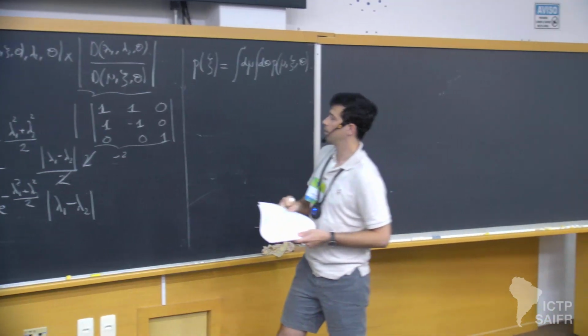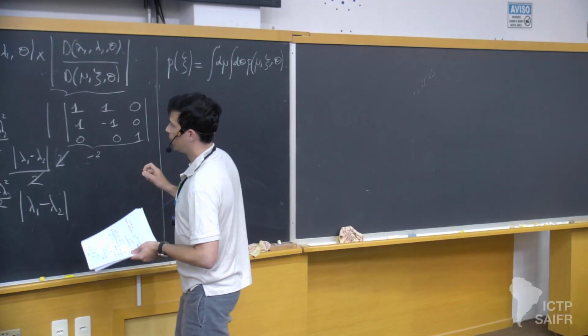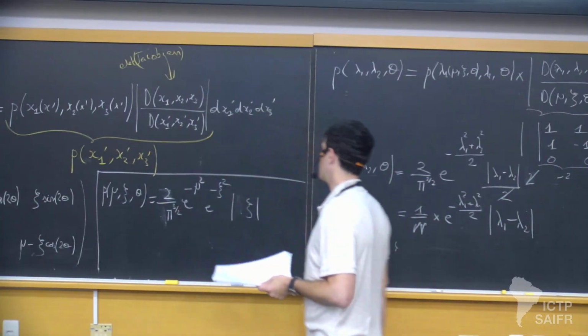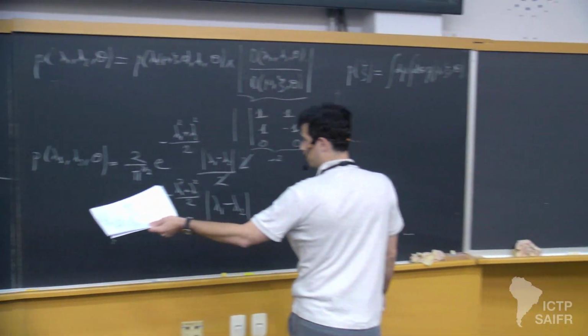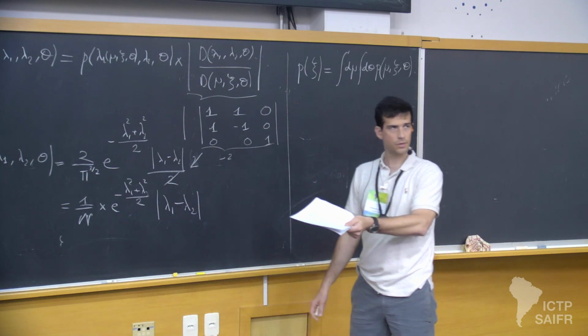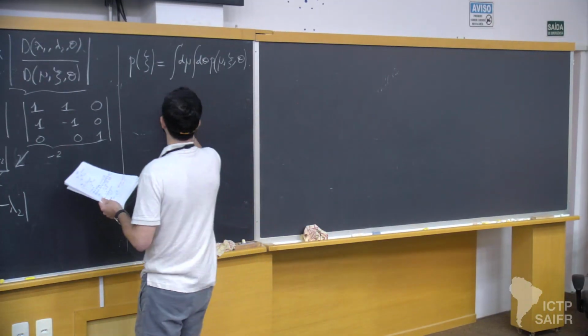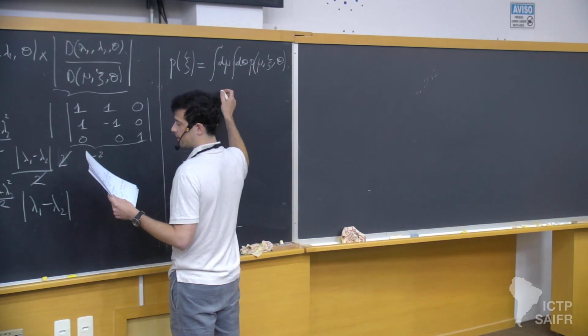Sorry, this thing here is there, right? The integral over mu is easy. It's just a Gaussian weight, so you would get square root of pi.